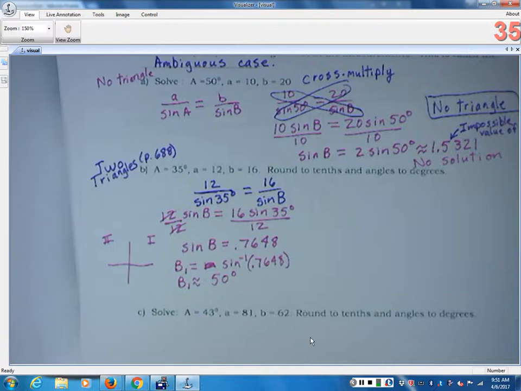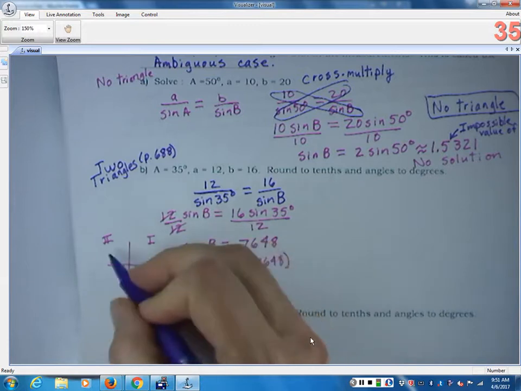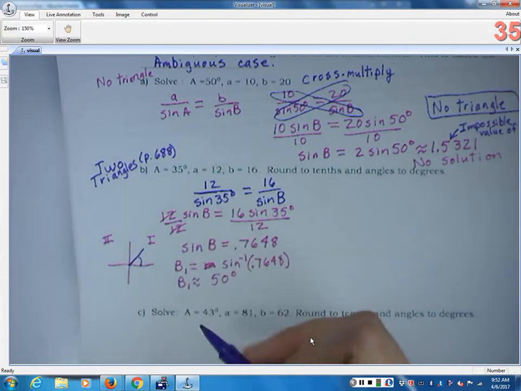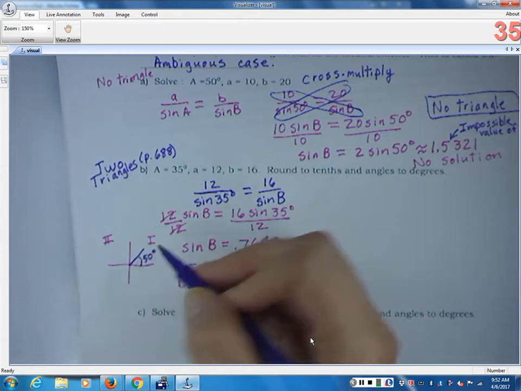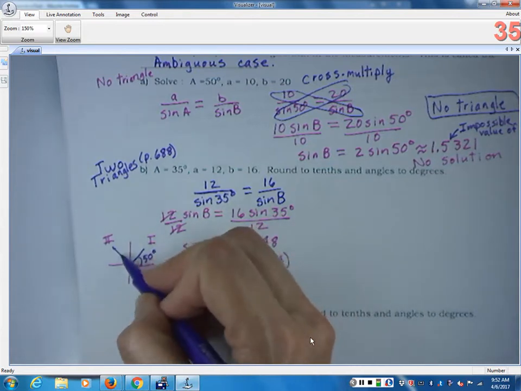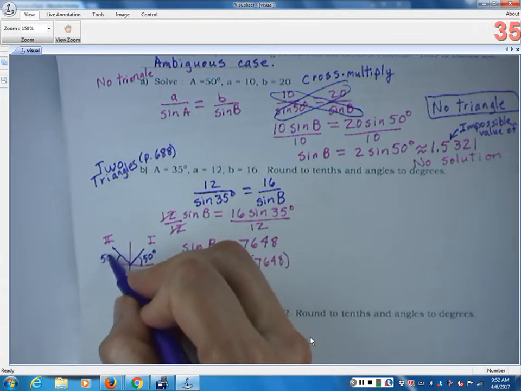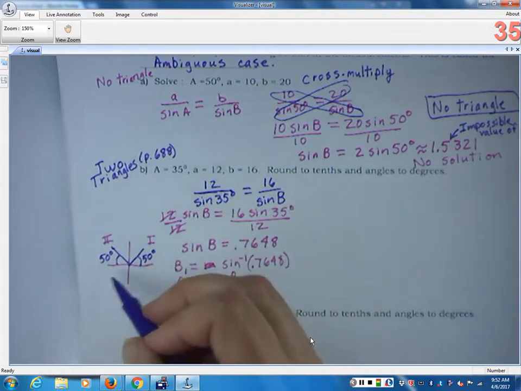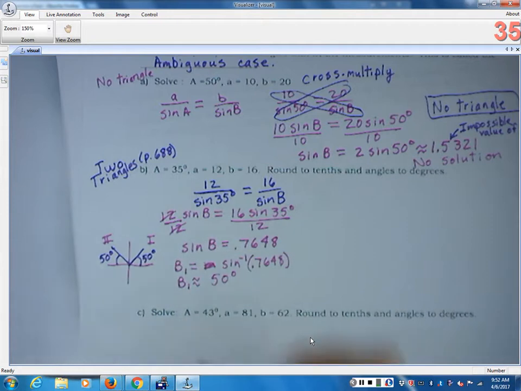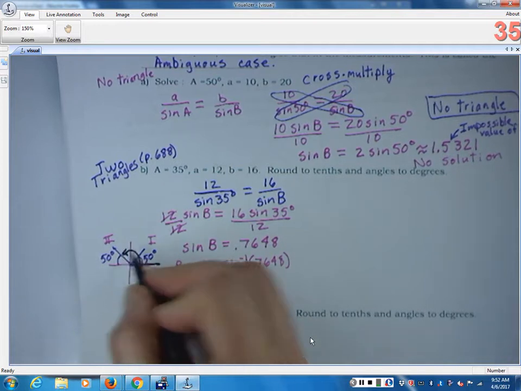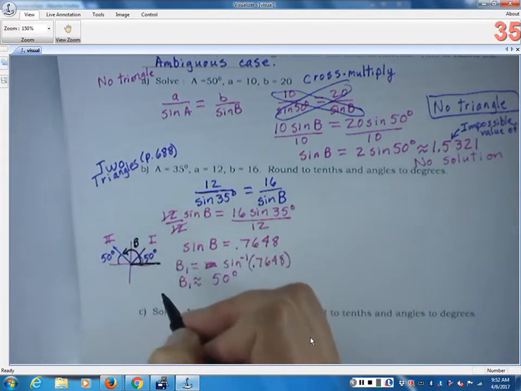Okay, but now you do have to remember that sine is positive in both quadrants 1 and 2. If you have an angle of 50 degrees here, your reference triangle is against the x-axis, so this is 50. Your other angle goes from here to here, B2.